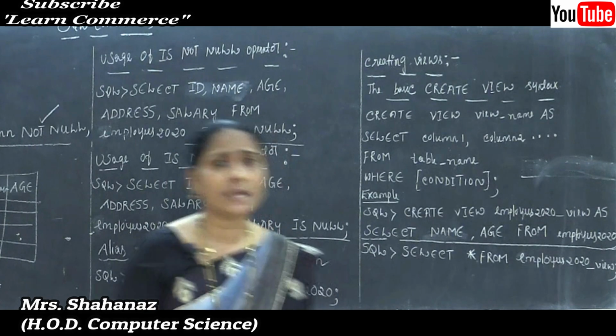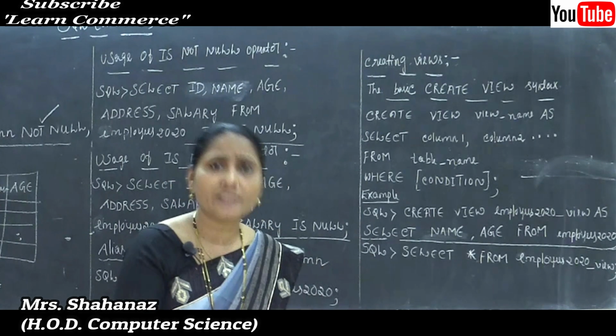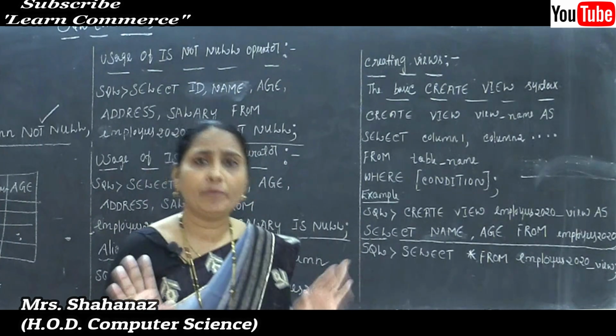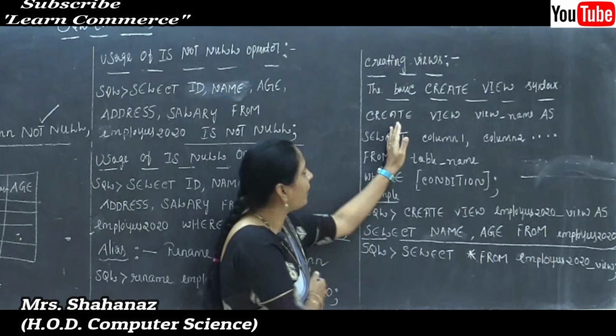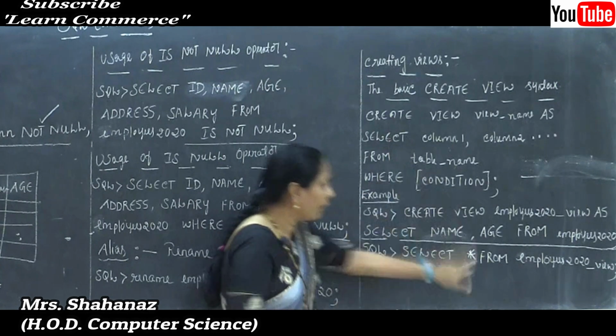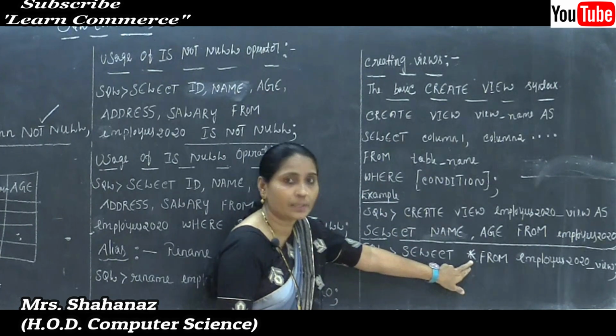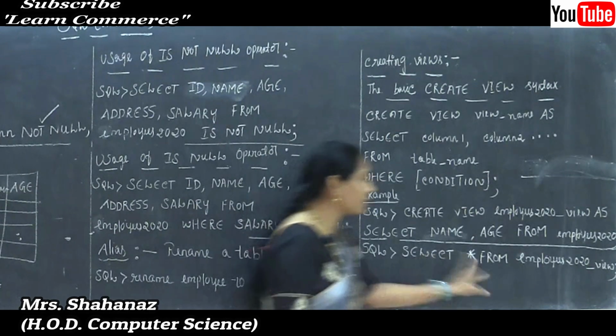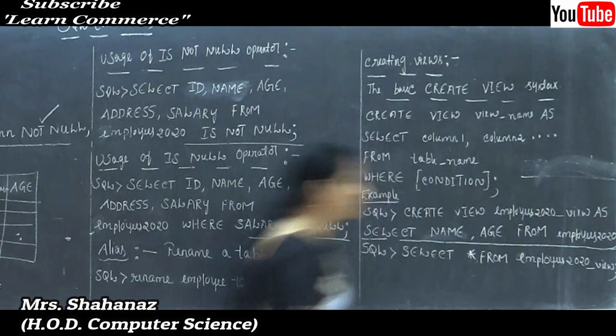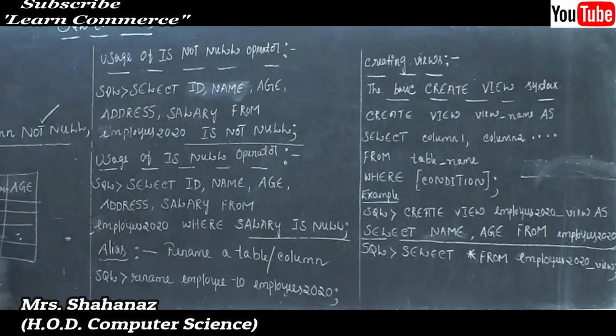How many columns are there in the table employees2020? Every column is going to be accessed just by using this command, the create view command, and we know that is done by using the star symbol. So we need to write the syntax as select star from employees2020_view semicolon.